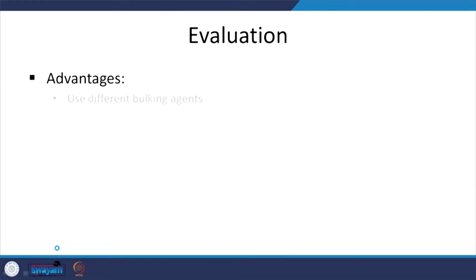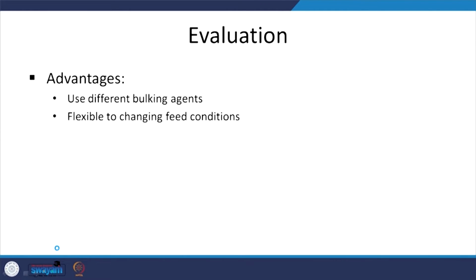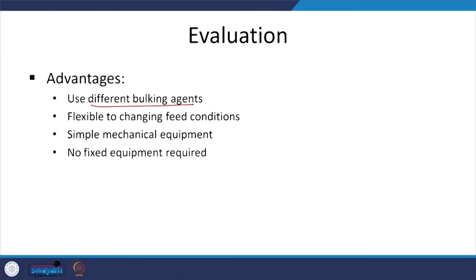So, let us move on. Advantages, again as was seen in the case of other types of composting, here you can use different bulking agents unlike the one where you had in-vessel composting. Again, flexible to changing feed conditions, as can be seen you are just having a pile here, and with a front end loader you are just mixing it, no fixed equipment required.